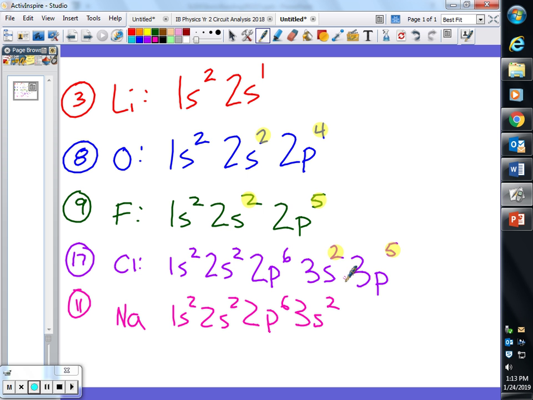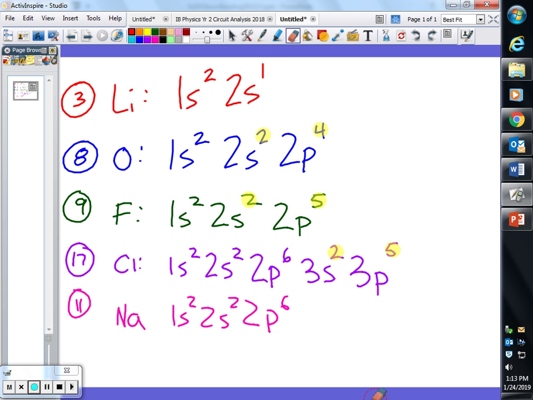All right. But sodium has another option. It has 1 valence electron. Let's say that it got rid of that valence electron. It gave it away to something else. How many valence electrons does it have now? It has 8.